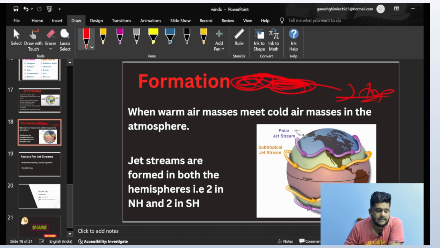That means jet streams are not only formed in the northern hemisphere, but also in the southern hemisphere. And in both hemispheres, two jet streams are formed. As you can see here, in the northern hemisphere, this is the polar jet stream, and this is the subtropical jet stream. In the southern hemisphere also, two jet streams are formed.